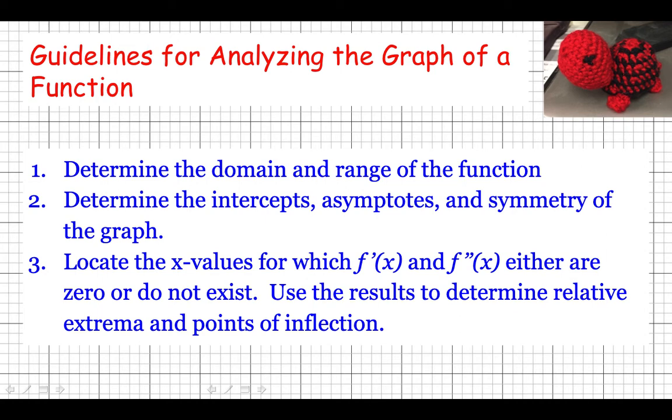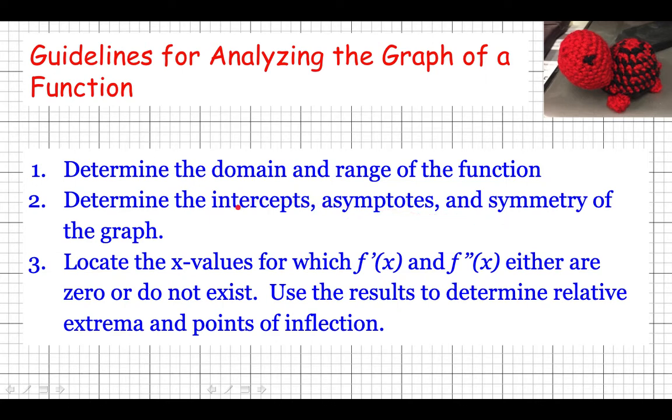So pretty much your guidelines: start by looking at the domain and range. For domain especially, are there any vertical asymptotes? Range gives us an idea of how big the graph wants to be. Determine intercepts and asymptotes.